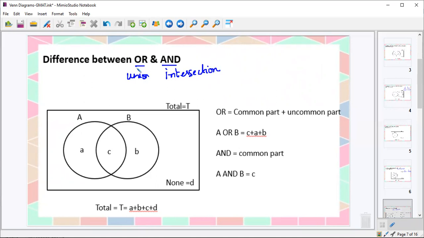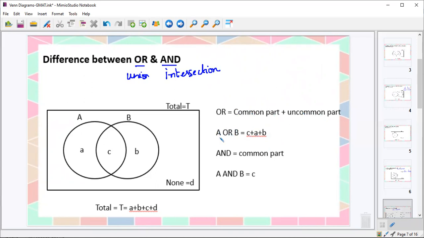So what is union, or or? Or represents the common part and the uncommon part. So if you have 2 sets which you have to compare, first write down the regions for both the sets, find out the common part first, write the common part, and then the uncommon part.